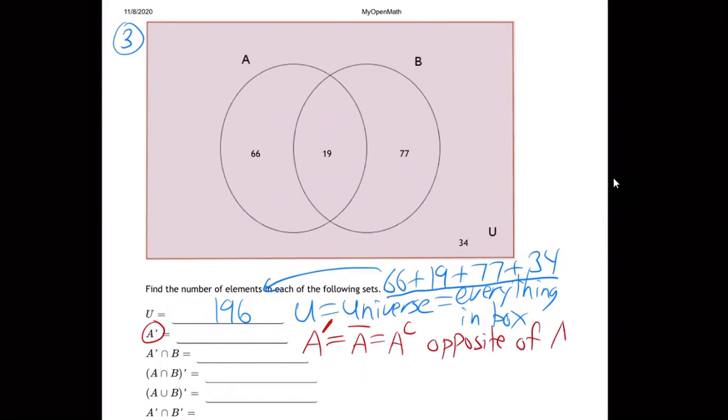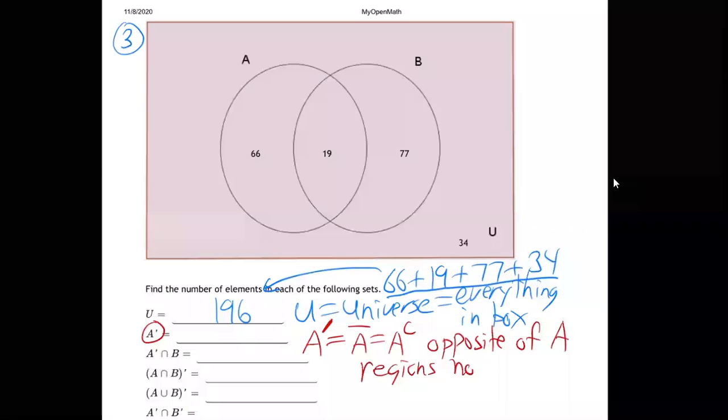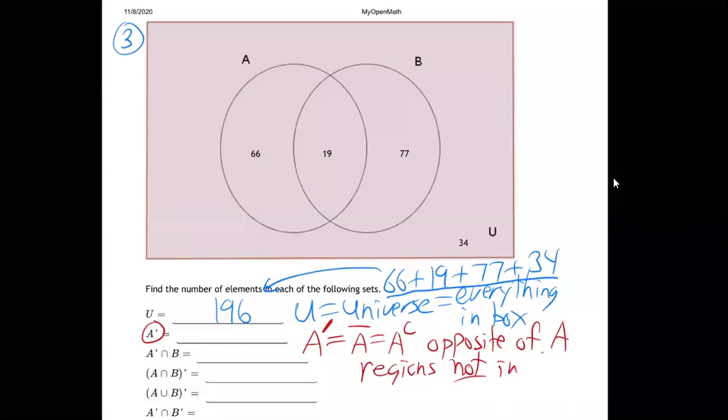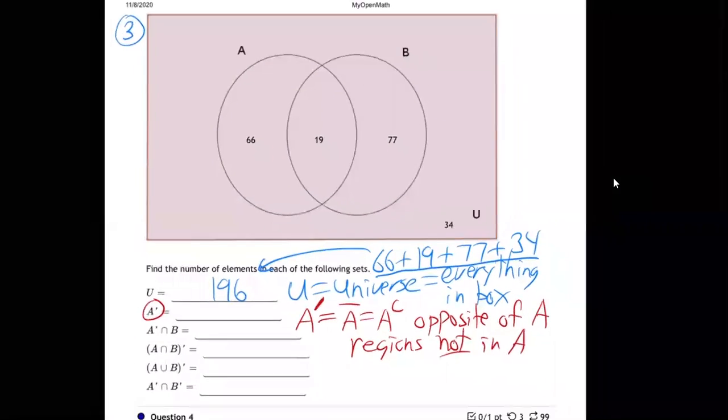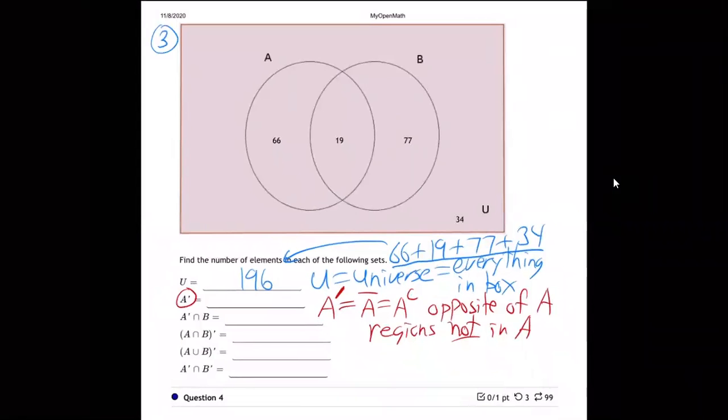of A. In other words, the regions not in A. That's what they all mean. They're the opposite of A. They mean the regions not in A. So what are the regions not in A? That'd be the 77 and the 34.